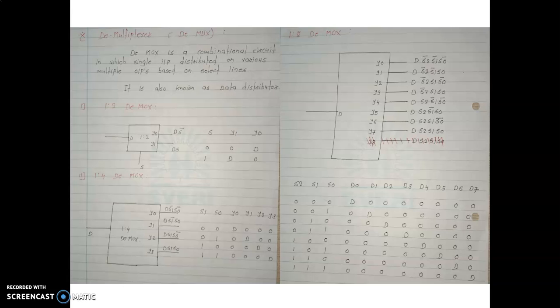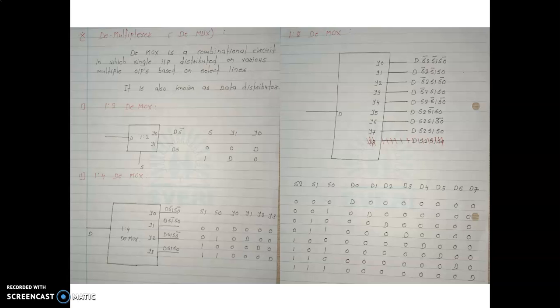So in a demultiplexer, the input is only 1 and there are multiple outputs. Same as the multiplexer, we can design the demultiplexer also. In demultiplexer there are 3 types: one is 1 to 2 demux, second is 1 to 4 demux, and third is 1 to 8 demux.